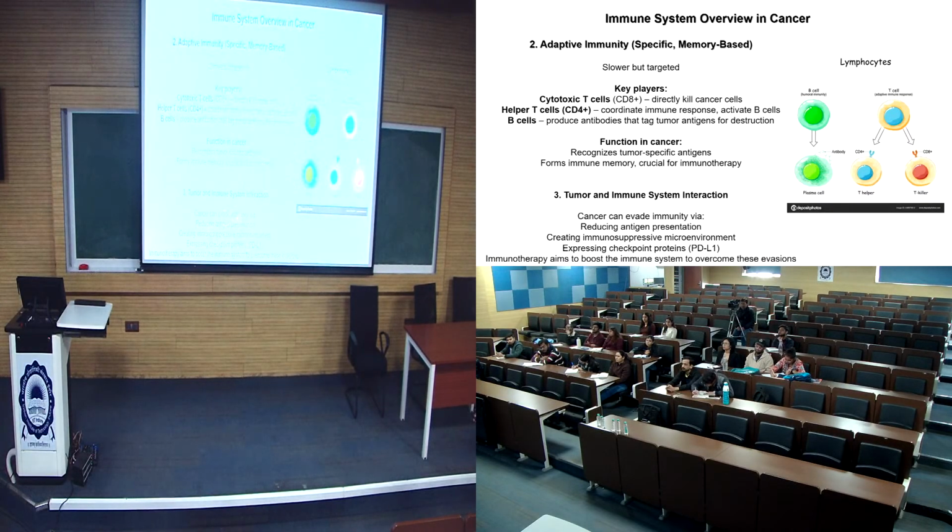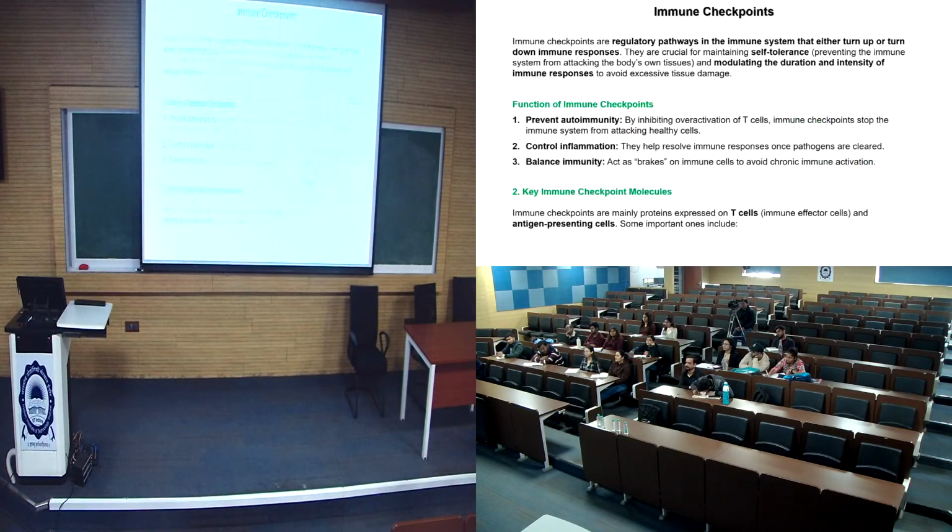In addition to reducing antigen presentation, all around it they will create such an immunosuppressive environment. You can make an analogy with a human home: with the terror you create outside your home, nobody can come there, right? And they express PDL1. So they have many ways to evade the immune system.